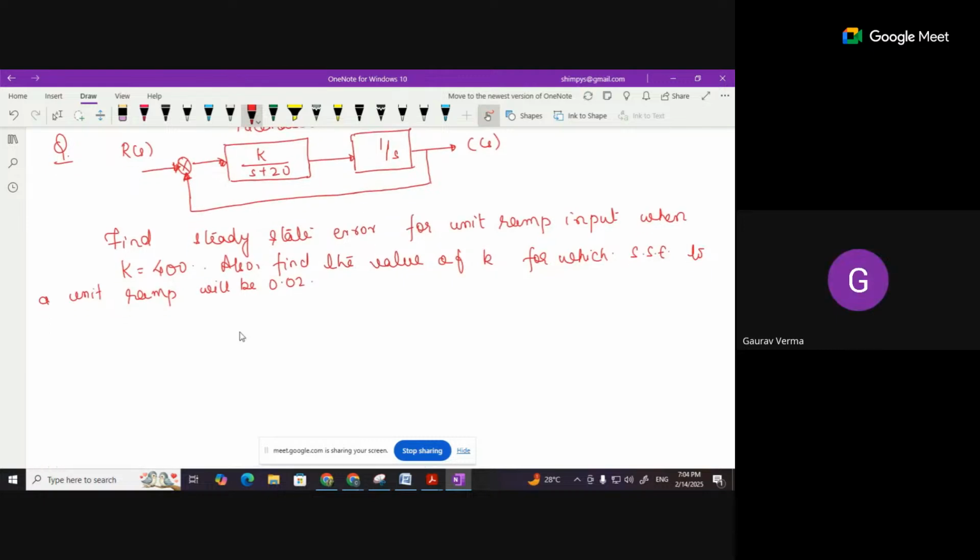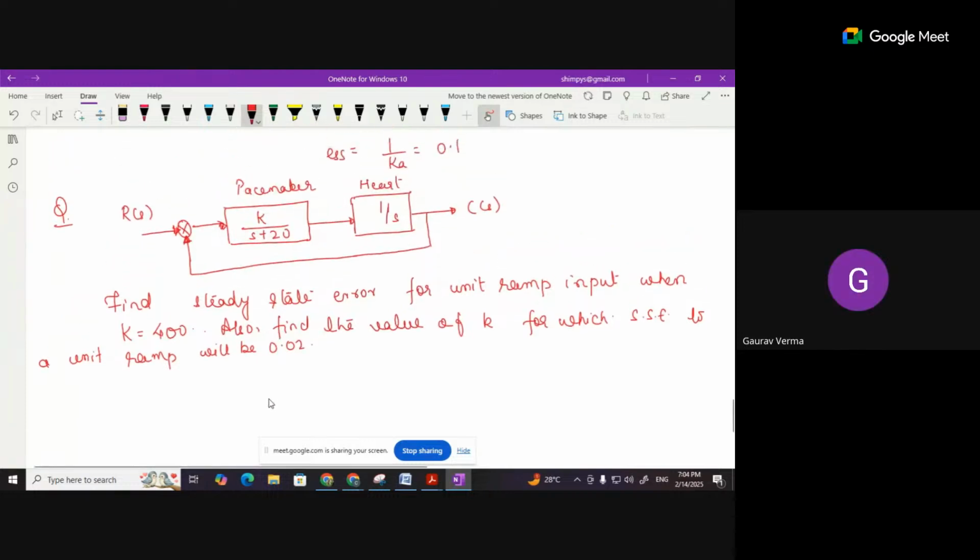Okay, ma'am. So now for the unit ramp input, I have to find the steady state error. What will be RS here? RS is 1 by S square.